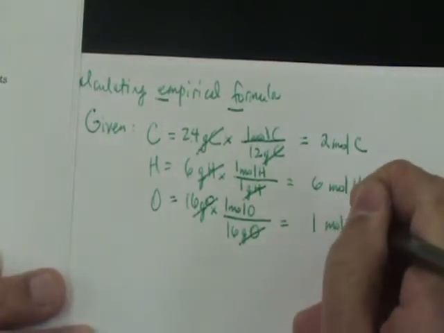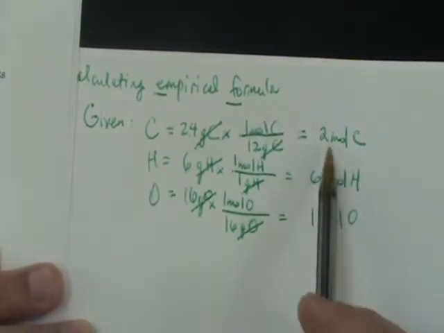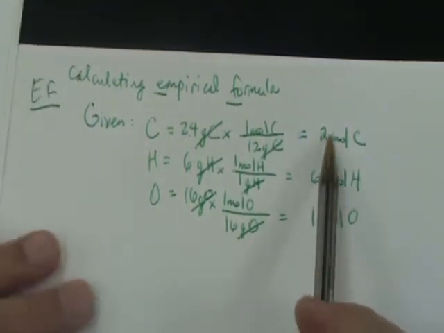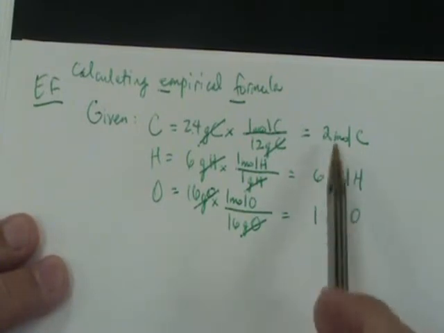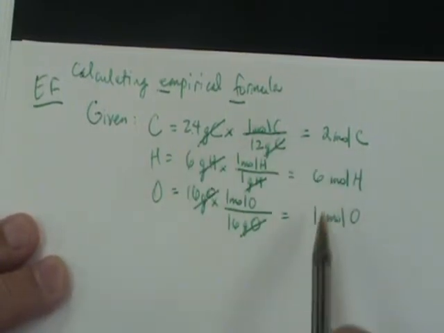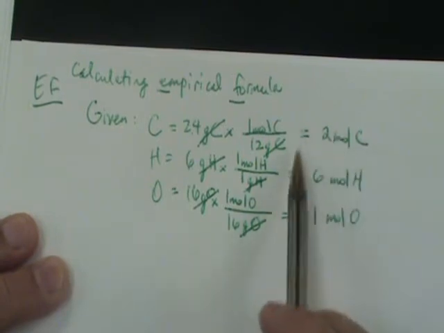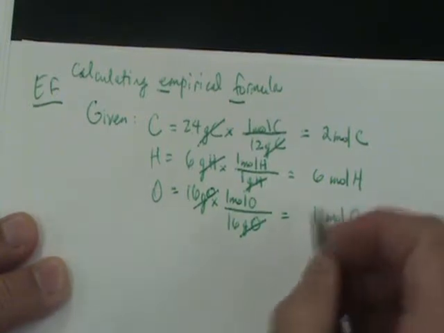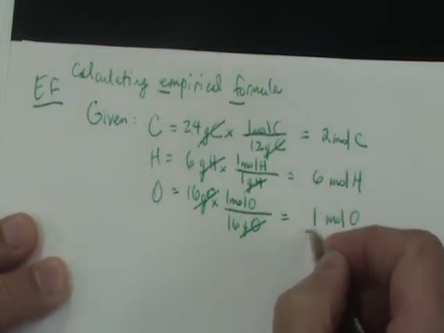So now you've determined the molar ratio. All right? Now, in order to find out the empirical formula, if you're looking at all the three groups of moles here, we're going to choose the smallest number. Now, in this case, our smallest number is 1.